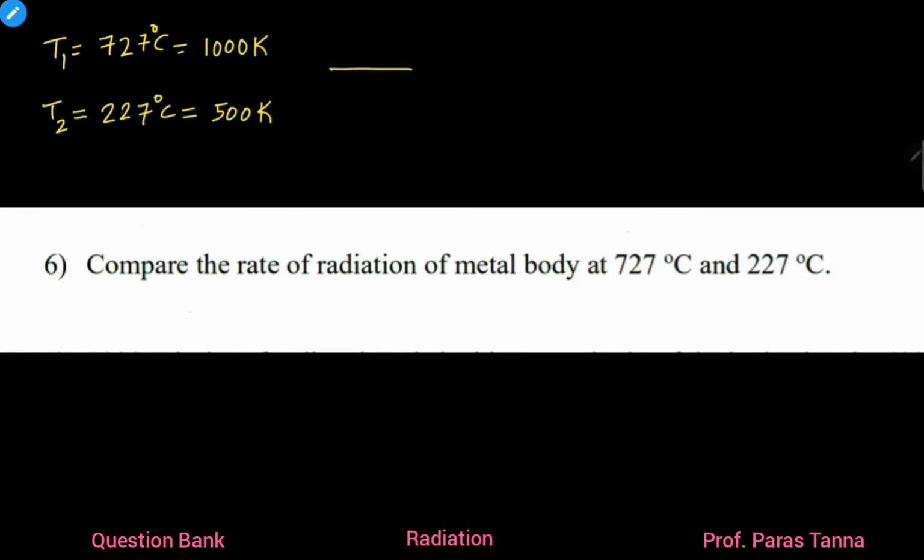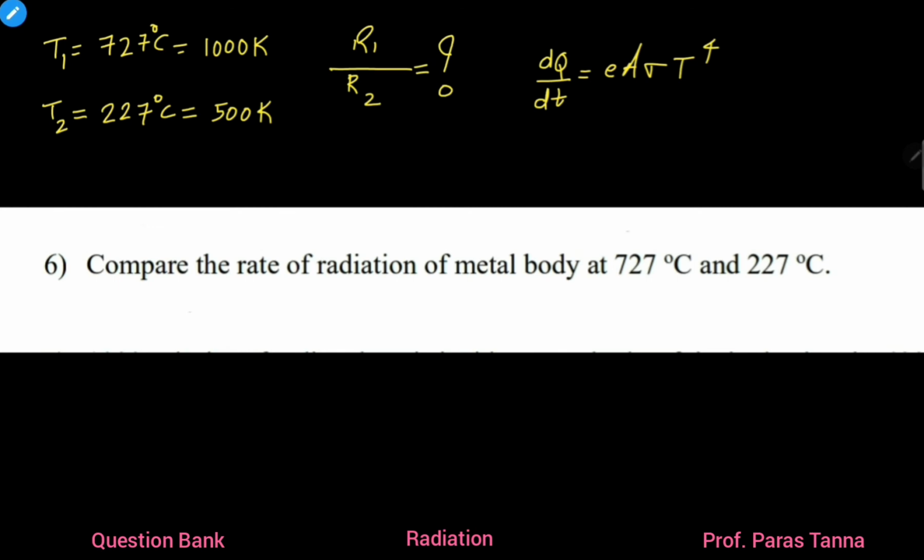ratio of rate of radiation, that is R1 divided by R2. How much is it? The formula for rate of radiation can be taken as dQ by dt is equal to EAσT raised to 4.